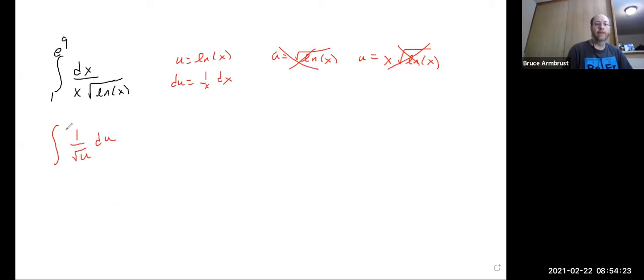All right, now I'm actually going to go ahead and change the bounds at the same time. Let's plug these things in for x. So my bounds, if x is e to the 9, the natural log of e to the 9 is 9. And if I plug in 1, the natural log of 1 is 0.